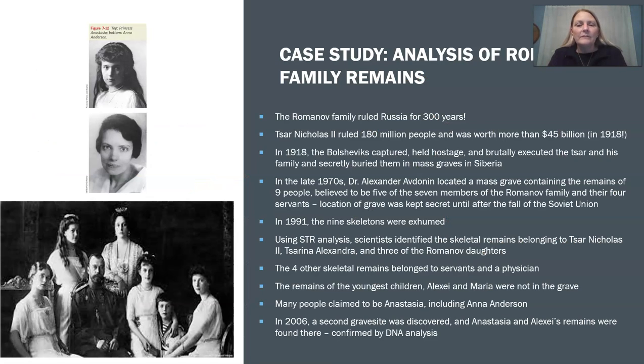All right, now I wanted to talk a little bit about this interesting case, and your book talks about this too. The case of the Romanov family. This was basically Russian royalty, and they ruled Russia for 300 years. So it's quite a long time. This guy, Tsar Nicholas II, is him right here.